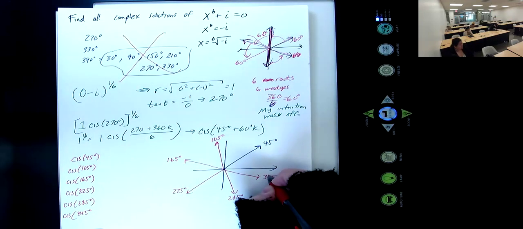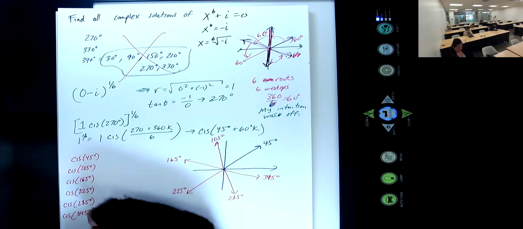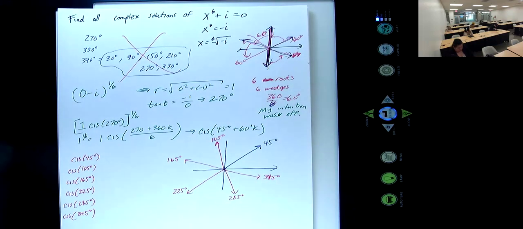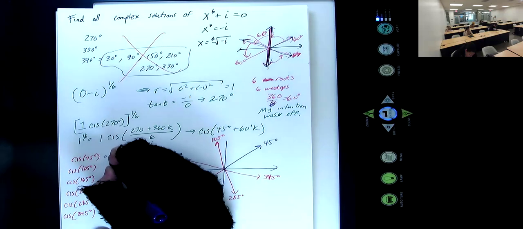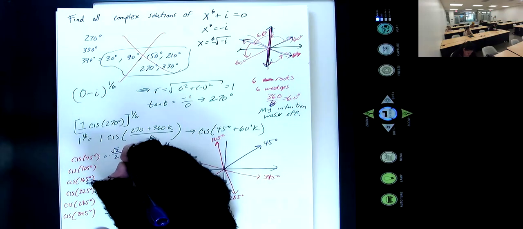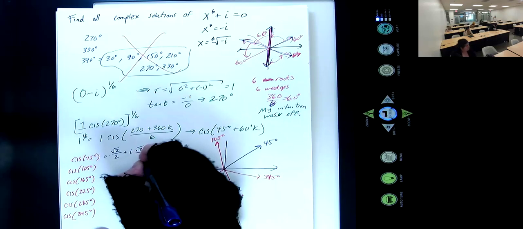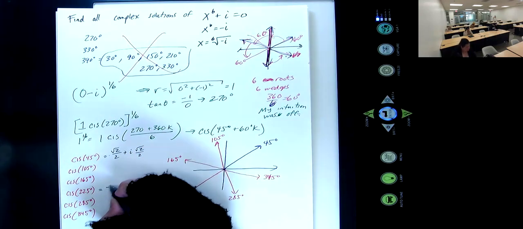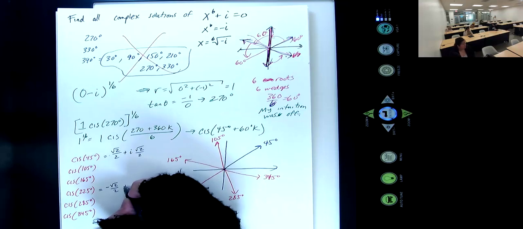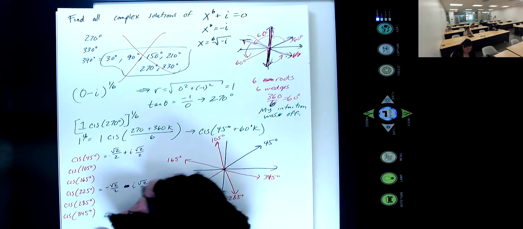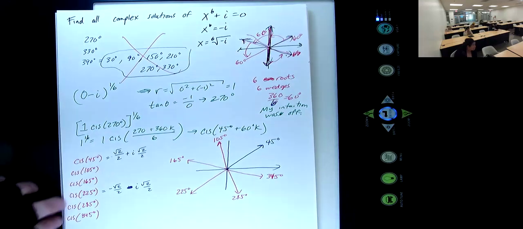Make sure you're adding 60 degrees each time. I know these though, that's square root of 2 over 2 plus i root 2 over 2. And this one is negative square root of 2 over 2 minus i root 2 over 2. The rest are going to be decimals.